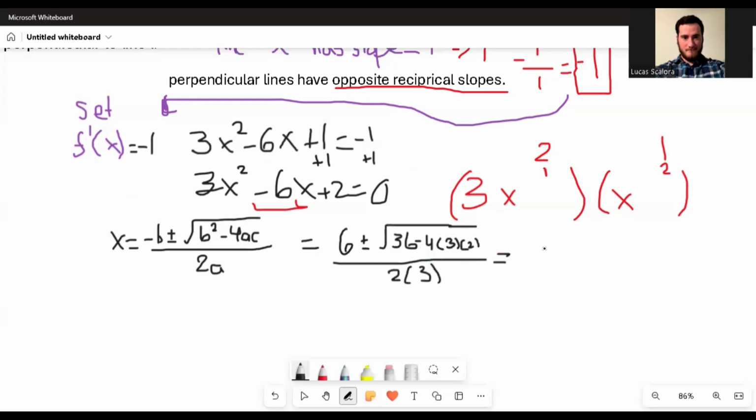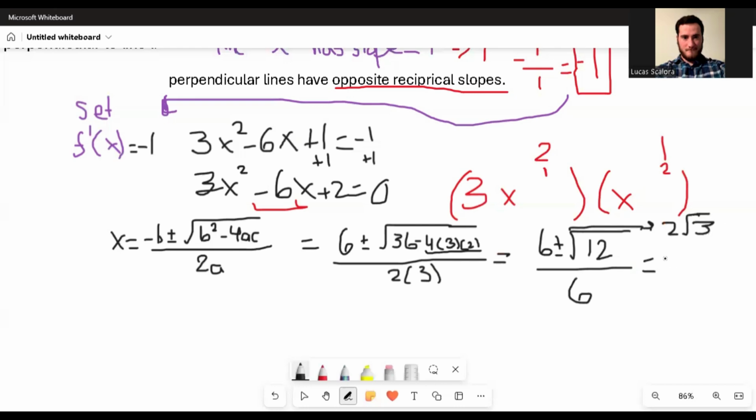So this gives you 6 plus or minus the square root of 36 minus 24, which is 12, divided by 6. The square root of 12 is 2 root 3, because it's root 4 times root 3.